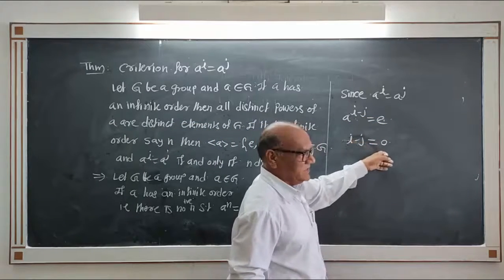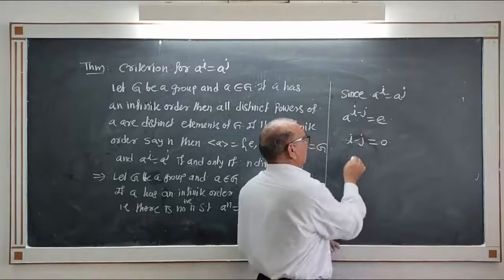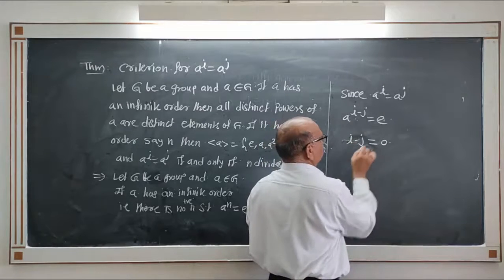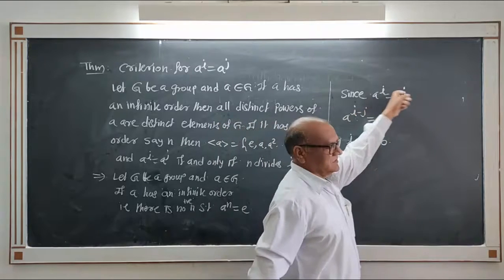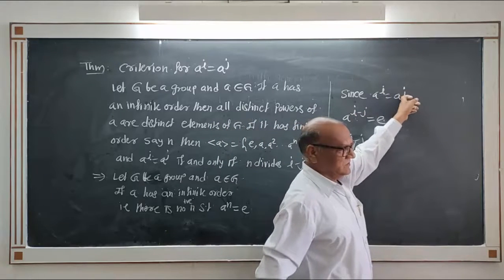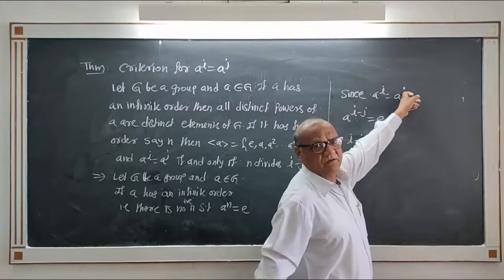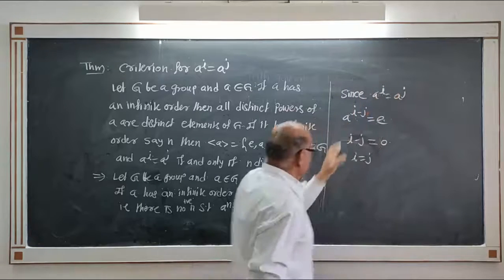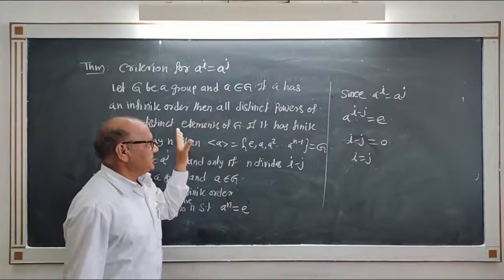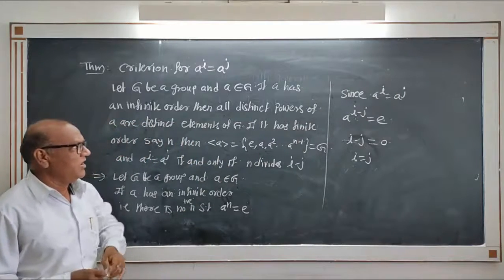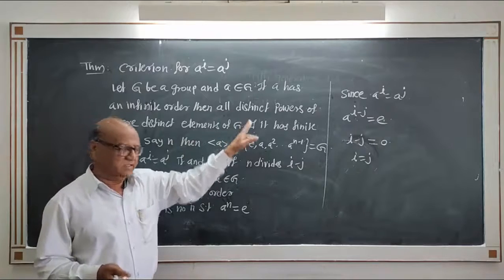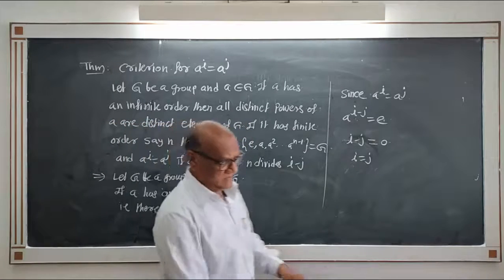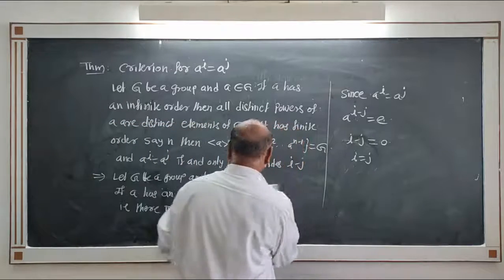Therefore i minus j is equal to 0, and this gives i is equal to j. That means if a has an infinite order, then all powers of a are distinct.